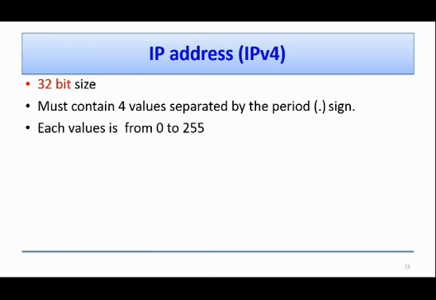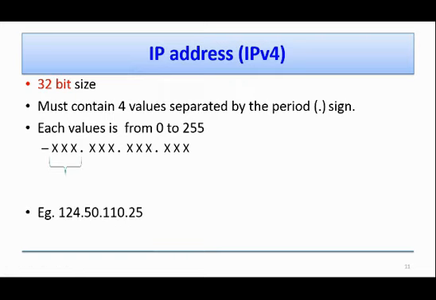Each value is a number in the range from 0 to 255, then a dot, and the next one, and the next one. All those numbers are in the range 0 to 255. For example, 124.50.110.25. Another example, 192.168.115.10.